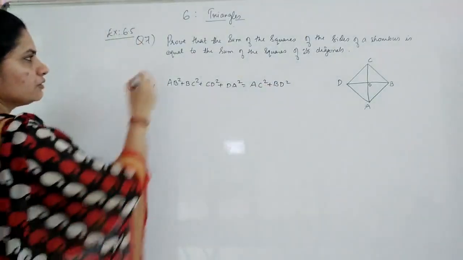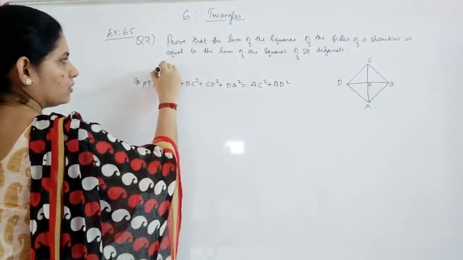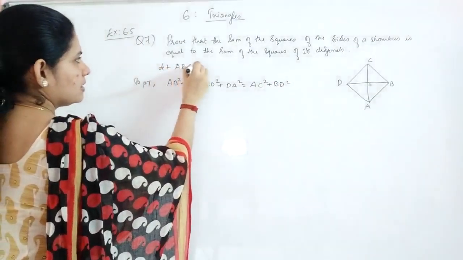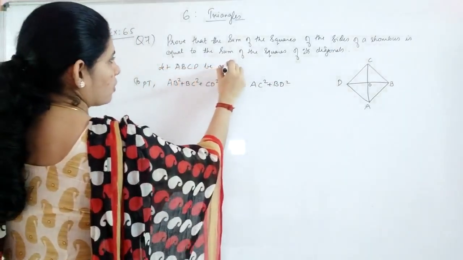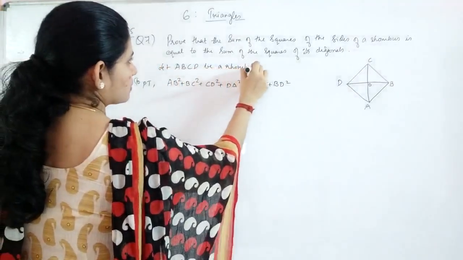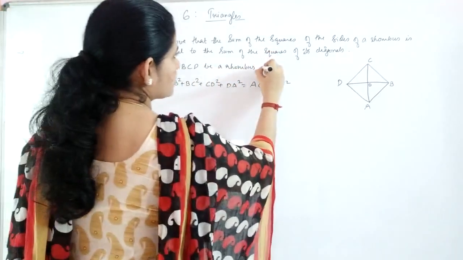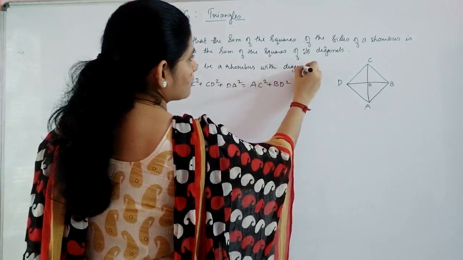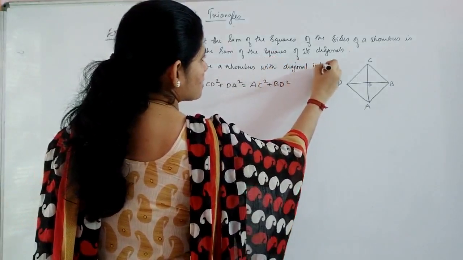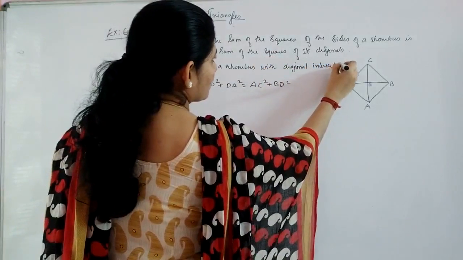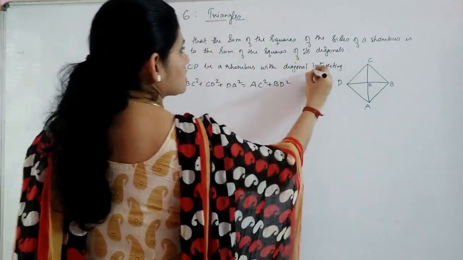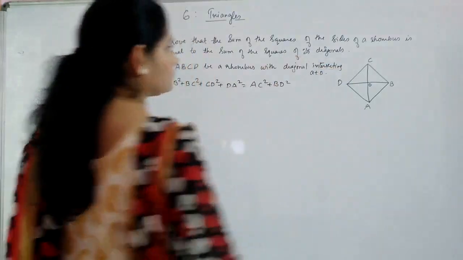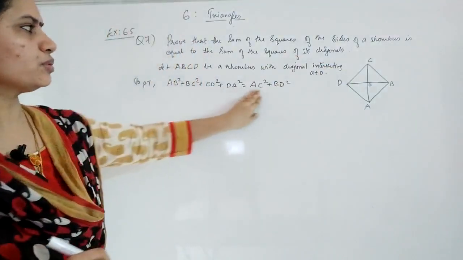For that, we have to say: let ABCD be a rhombus with diagonals intersecting at O.